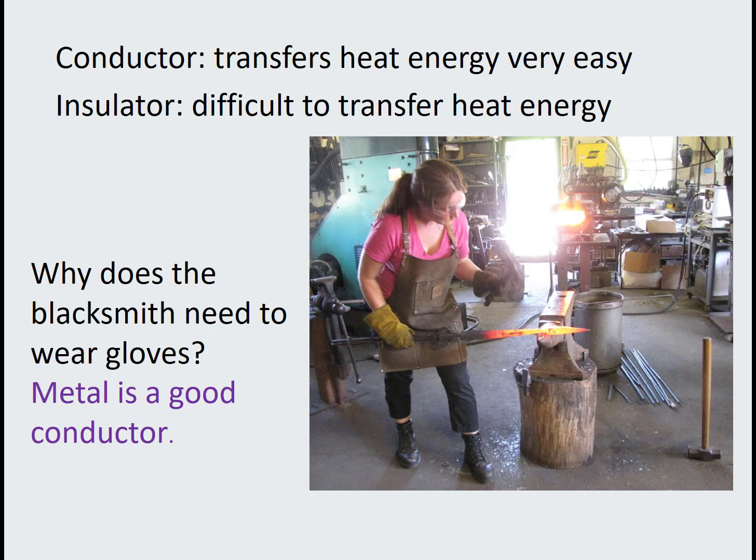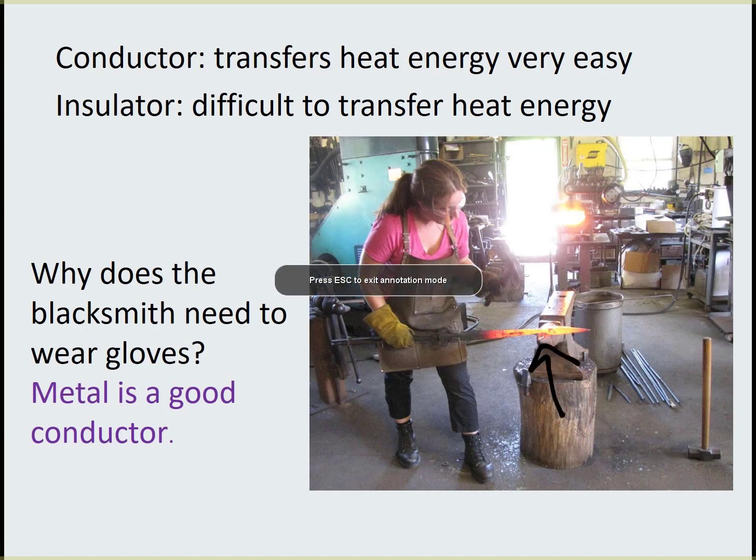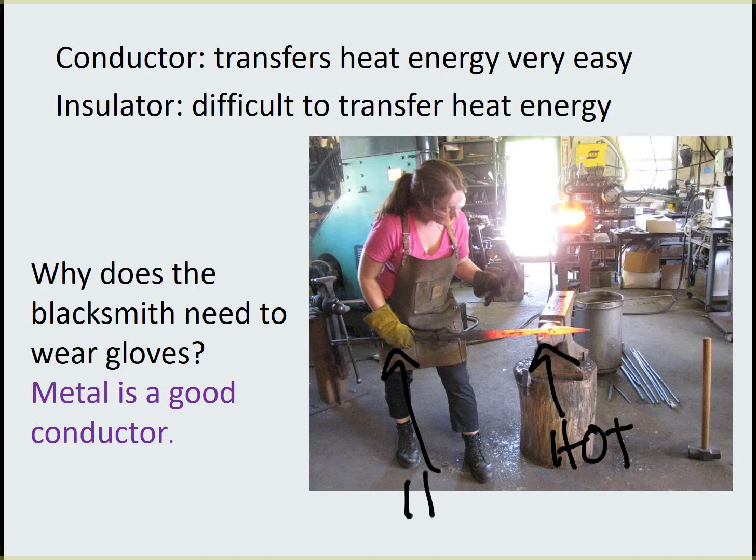So why does the blacksmith need to wear gloves? I can look at that piece of metal and it's only hot at the end. Why is she wearing a glove clear at the other end? Well, the answer is metal's a very good conductor. So even though I can tell visually that it is very, very hot where that orange is, it will still get hot here because those molecules will vibrate and bump into each other and move along this piece of metal and it will get quite warm.